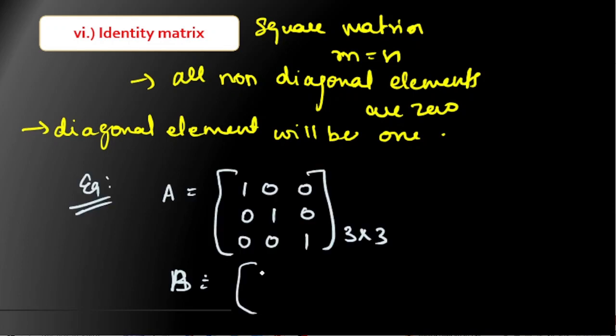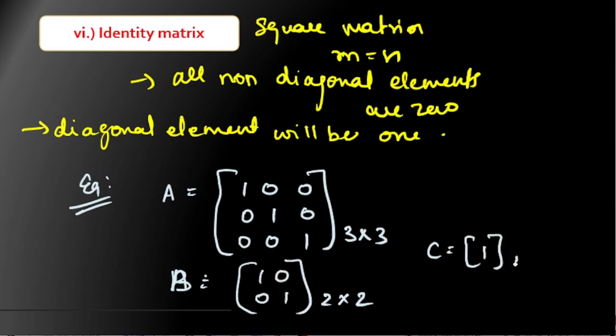And 1 is the 1 into 1 matrix. It is represented with the letter I. I stands for identity matrix.